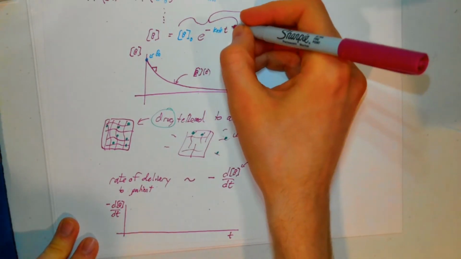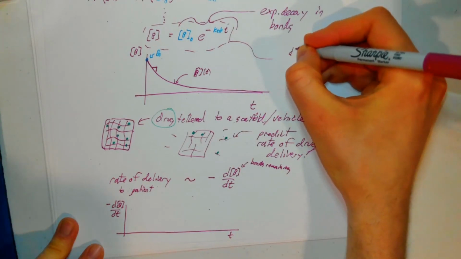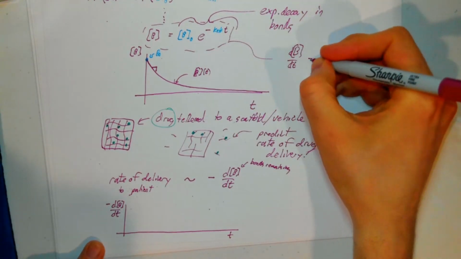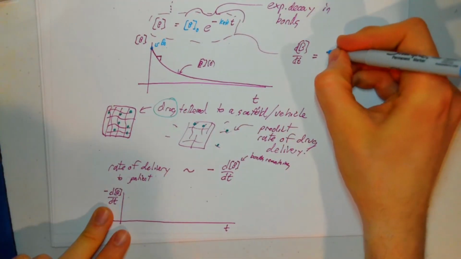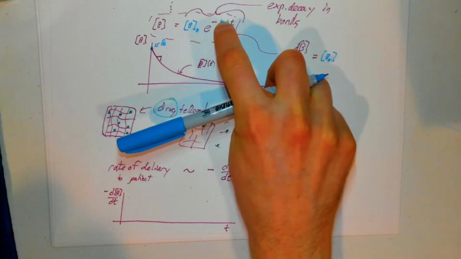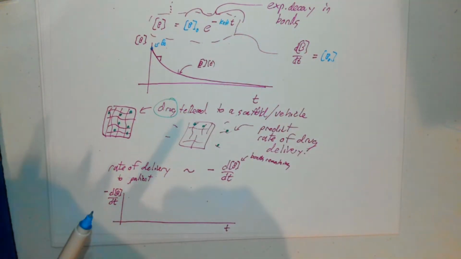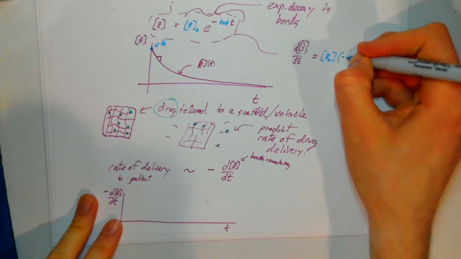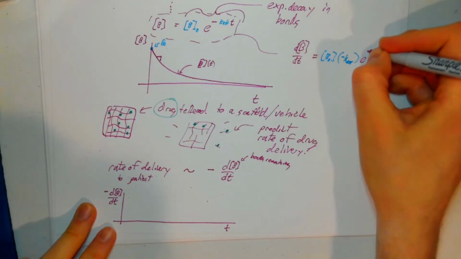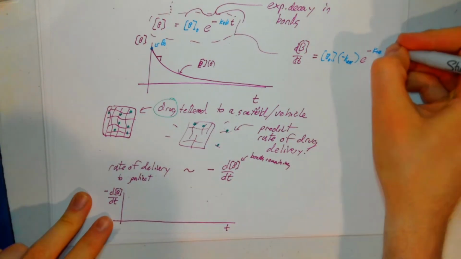Well, we can always go back to this equation here. We already have this solution. So dB/dt, we can take the derivative of this with respect to time. And what does that mean? Well, B naught is a constant out here, and you want to take the derivative of e to the something t. Well, you just bring this minus k effective down, and then you still keep the e to the minus k effective t.